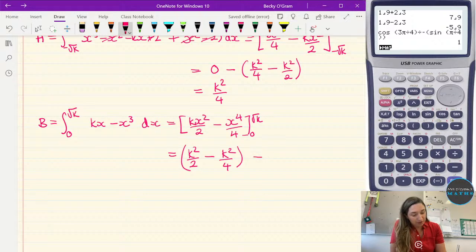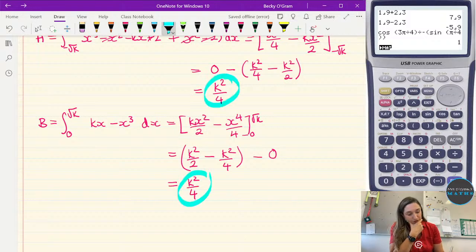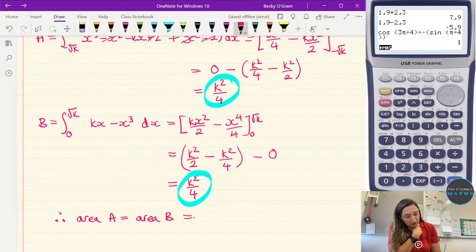And then if we sub in 0, we just get 0. So a half minus a quarter is a quarter. So we have k squared over 4, and you can now see that those two are equal. So therefore, area A equals area B, because they're both equal to k squared over 4.